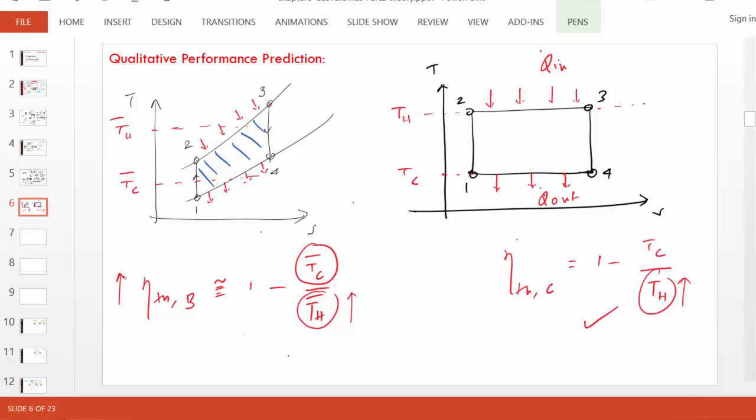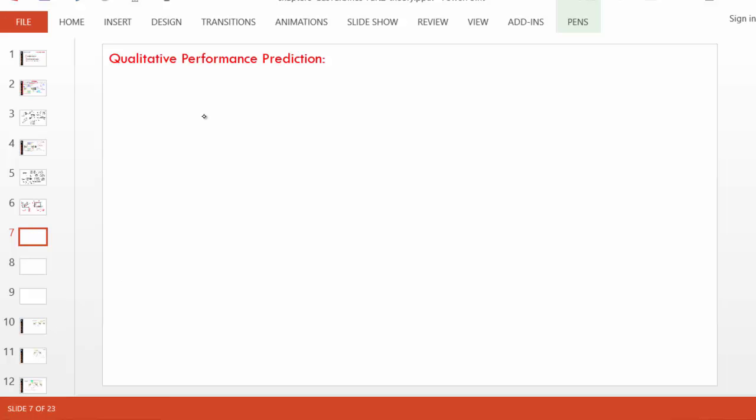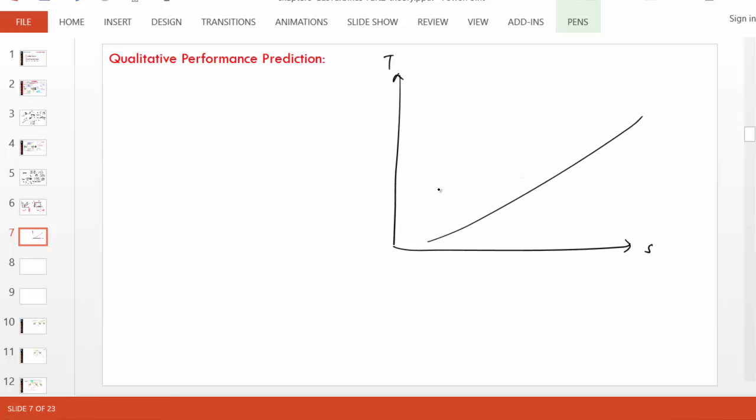So let's take a couple of what-if scenarios. We'll think it out. So let's again draw a Brayton cycle, but this time actually this line will be something different.